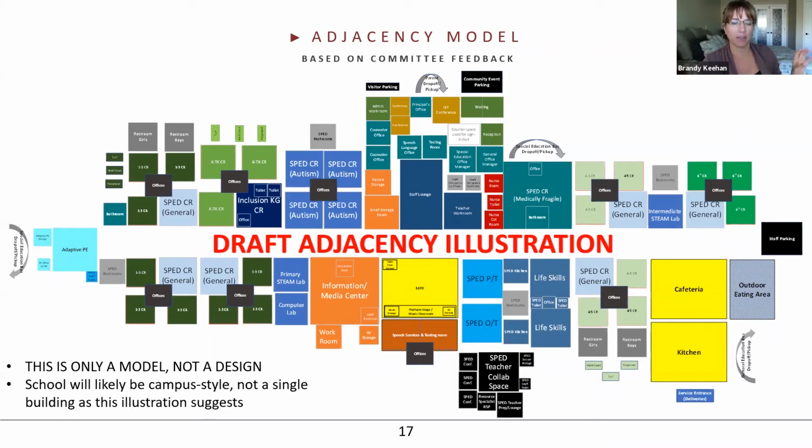I think instead of a bunch of smaller spaces, if we could get a primary space and an intermediate space, because our new science curriculum is heavy-handed on experiments, teachers could sign up to set labs up ahead of time. So I think two larger spaces is a much better idea than a bunch of smaller ones, but again, that's me. Okay, that's what this has. It has a primary STEAM lab and an intermediate. I think that's a great idea.